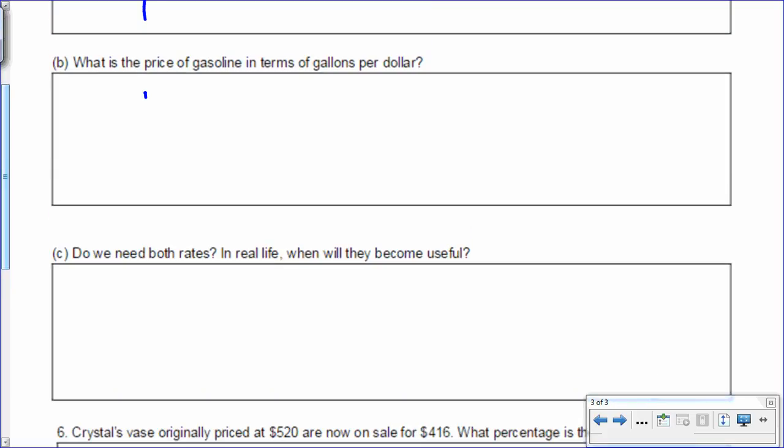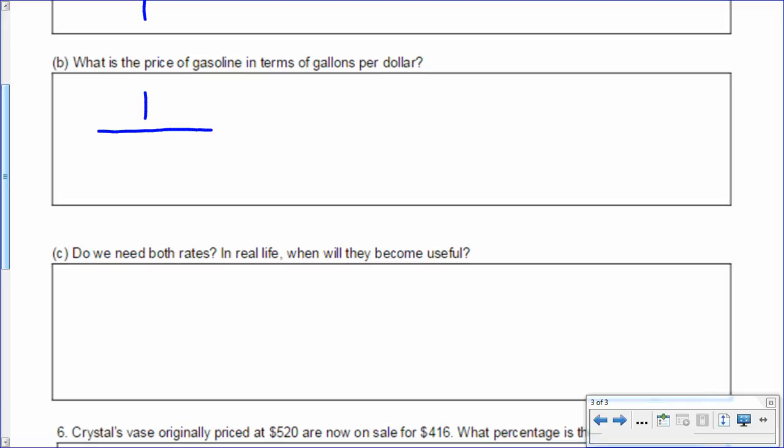So if we bought 1 gallon at $4.20, we know that a dollar's worth of gasoline is going to be less than 1 gallon. Pause for a minute if you need to think about that, but if we buy 1 gallon for $4.20, and we only spend $1, we know we're going to get less than a gallon.